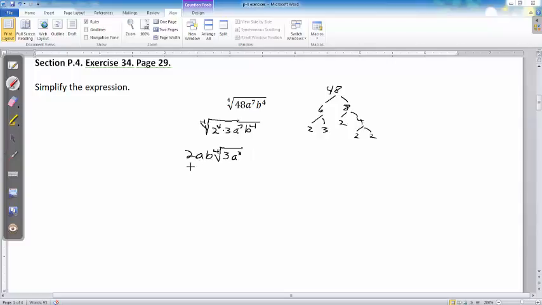Now, this is not the answer quite yet, because if you remember, the very last property of roots said if you take an even root of a variable, you're going to have to put in absolute value. Because, remember, the square root of -5 squared would be the square root of 25, and even roots only return the positive numbers.